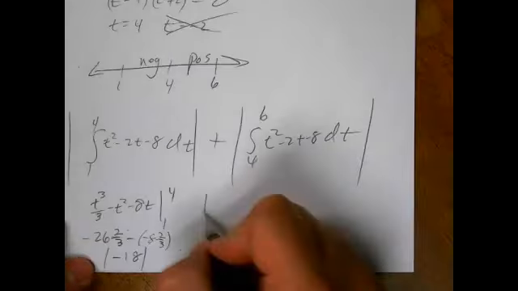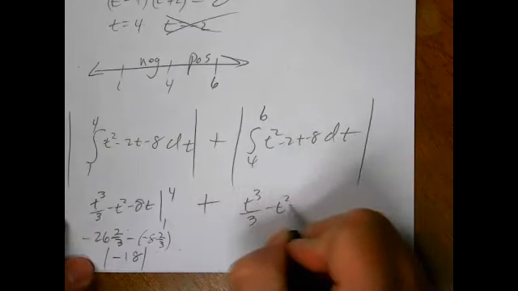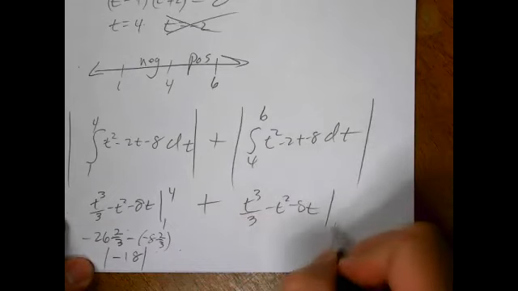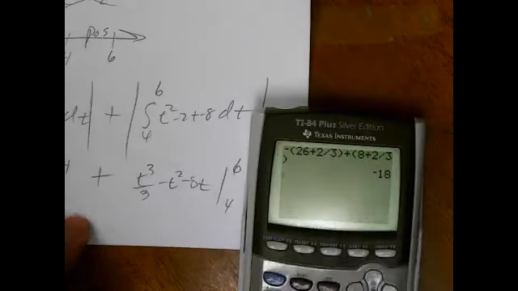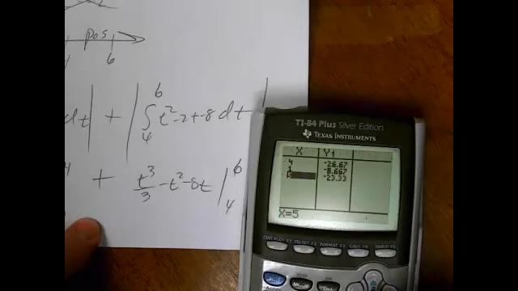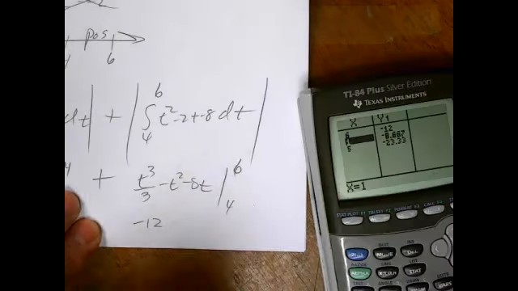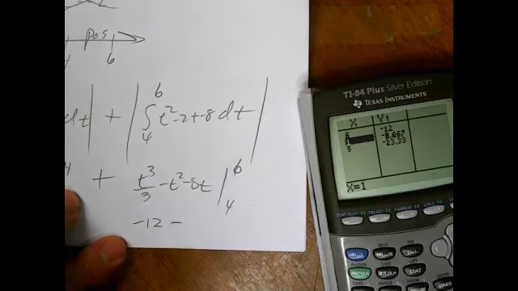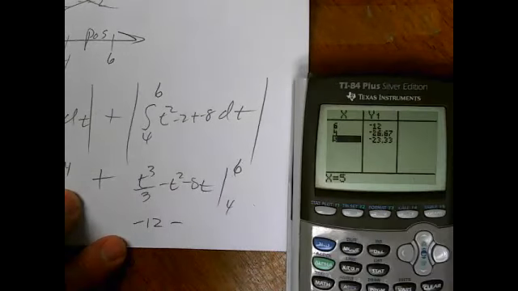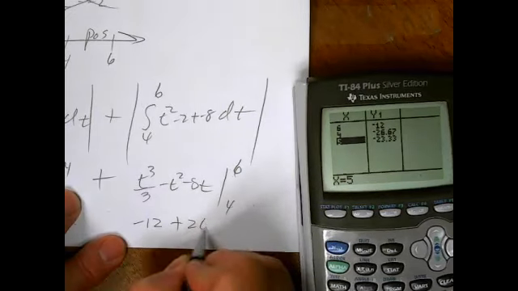Plus over here, I will take t cubed over 3 minus t squared minus 8t and evaluate it from 4 to 6. Go to the table, and at 6, it's at negative 12, minus the value at 4, which is negative 26 and 2/3, but minus a negative becomes plus a positive 26 and 2/3.